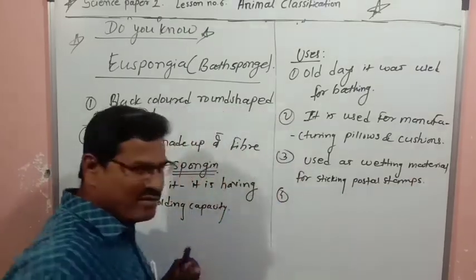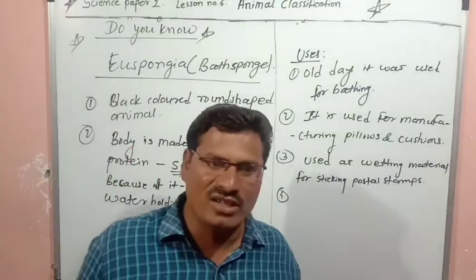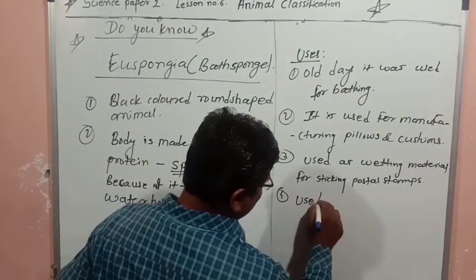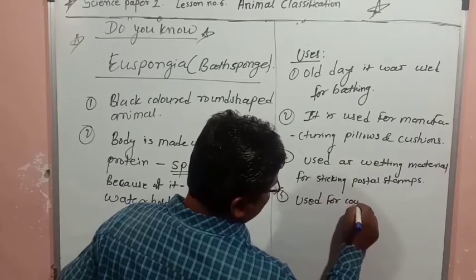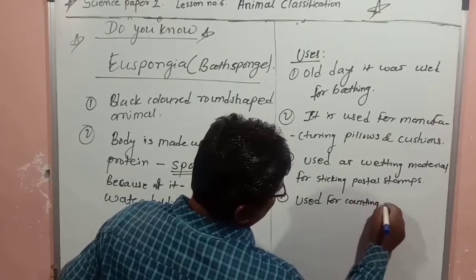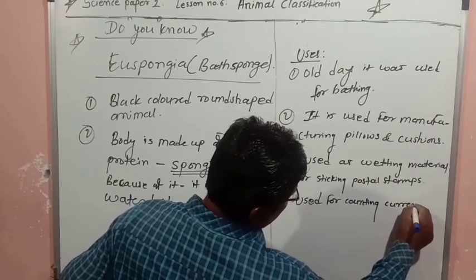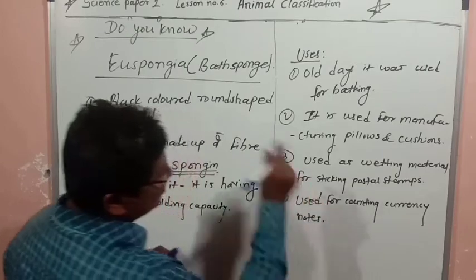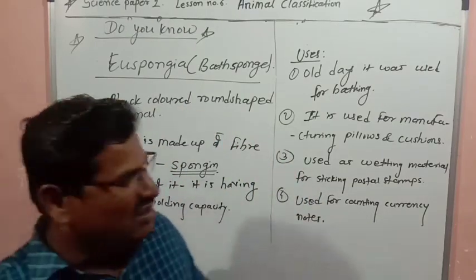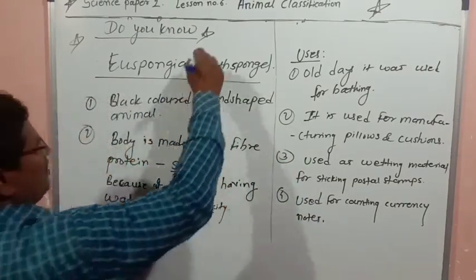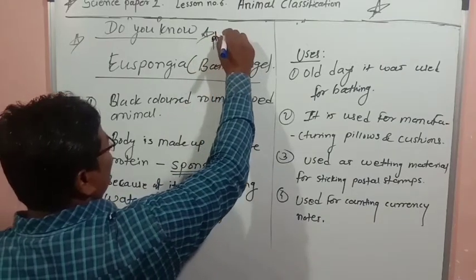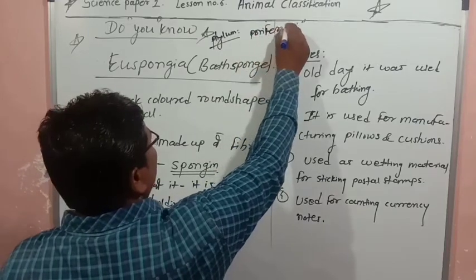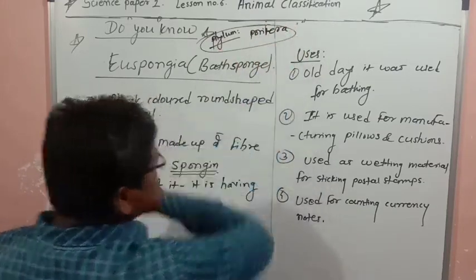Fourth point: it was used, or is used, for counting currency notes. These are the uses of the bath sponge, and the bath sponge comes under phylum Porifera. You have to remember this.